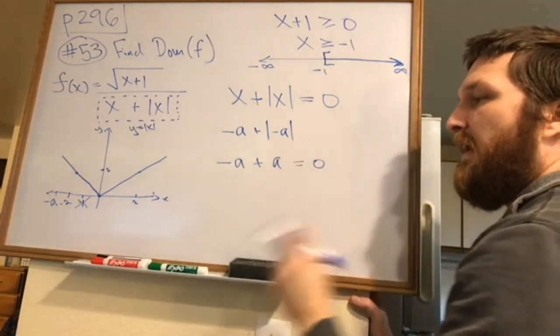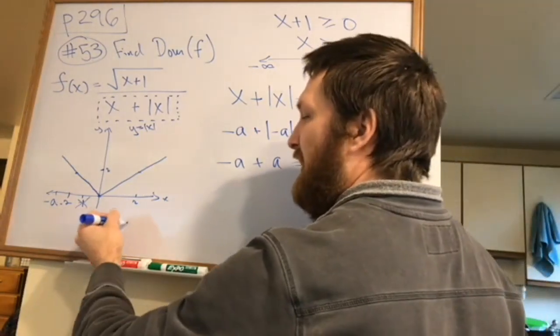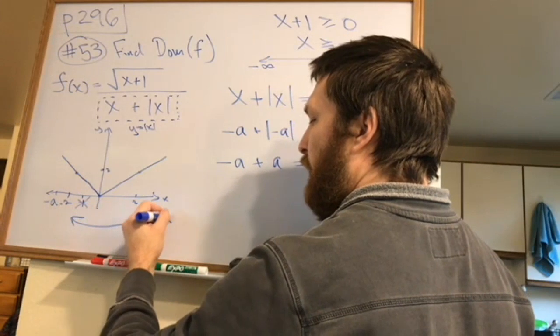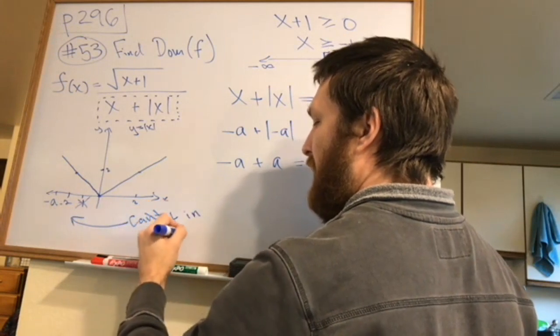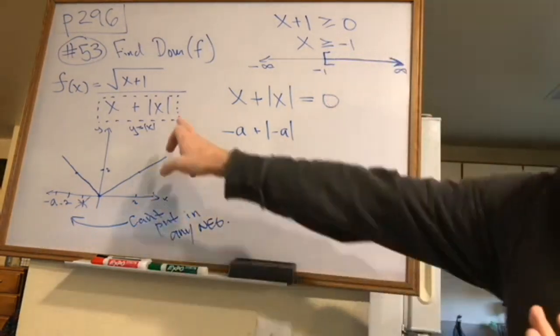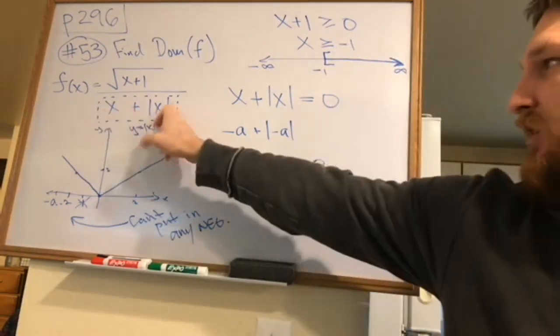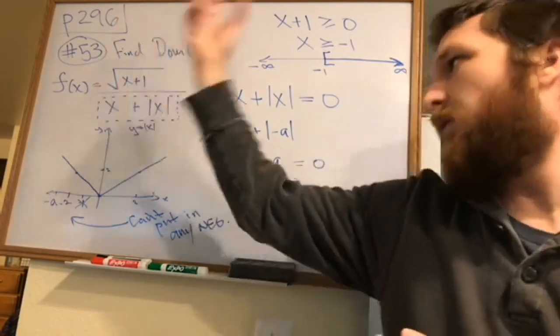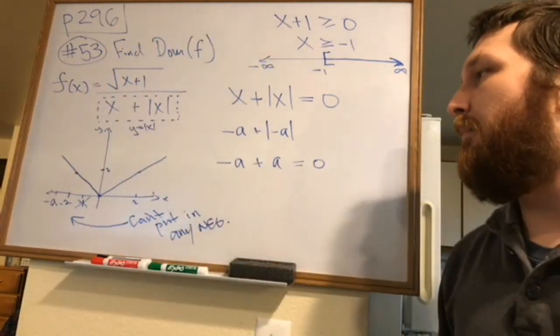So it looks like we cannot have any negative numbers. Can't put in any negatives. Why? Because if we do, this thing right here will equal 0, and then we'll have a 0 in the denominator. It will be bad.